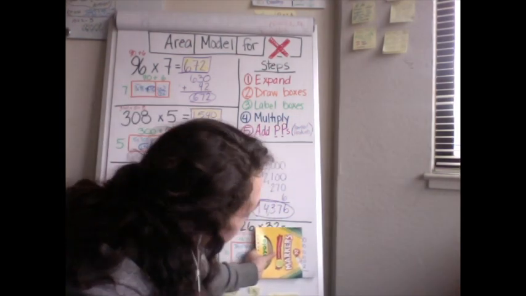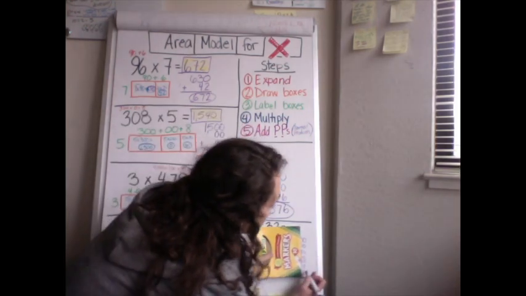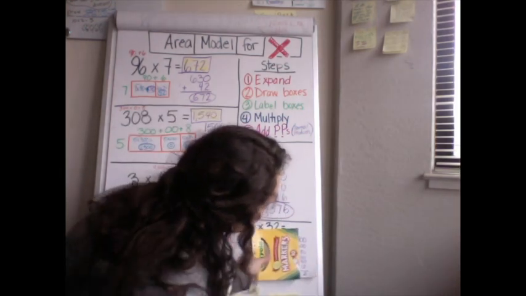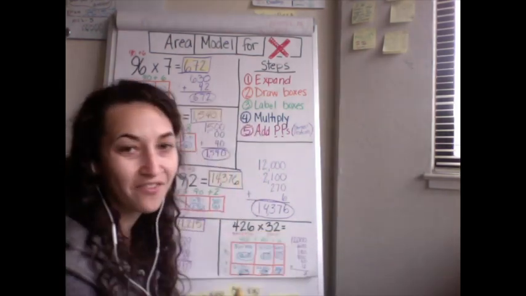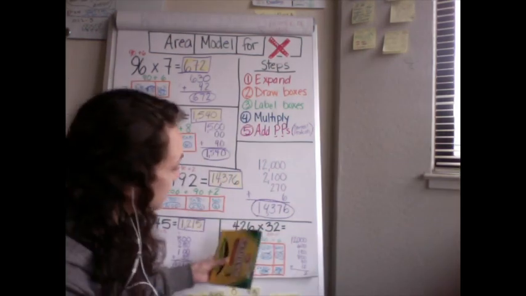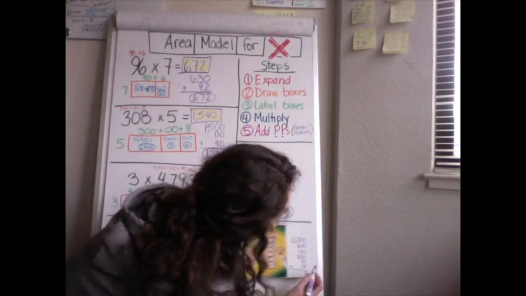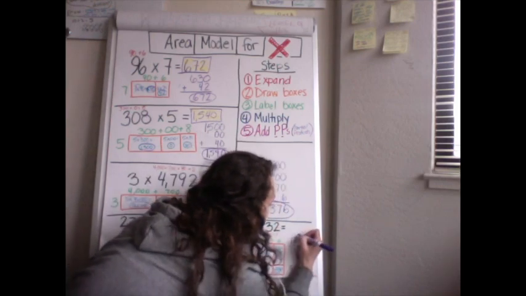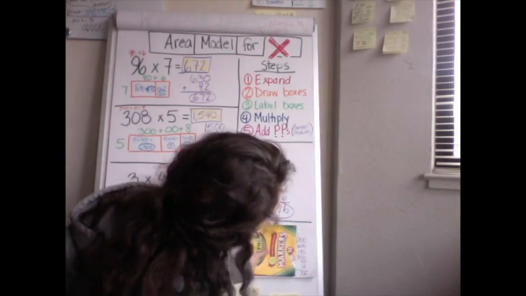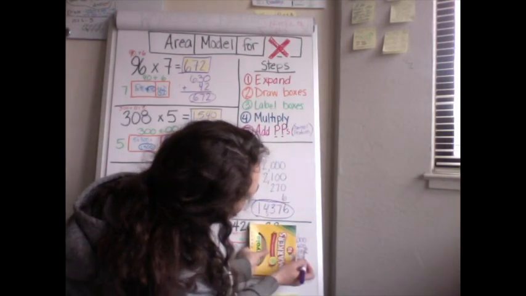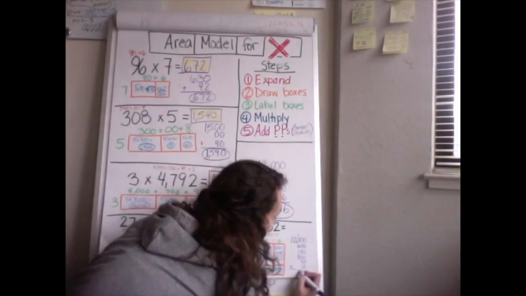Here's my ones place. 0 plus 0 plus 0 plus 0 plus 0 plus 2 is 2. Tens place. Because if I'm just looking like that, it could get confusing to me. So I'm using this as a guide. All right, I have 8 plus 4 is 12. 12 plus 1 is 13. My 3 goes down. My 1 gets regrouped. 8 plus 1 is 10. Plus 6 is 16. My 6 goes down.